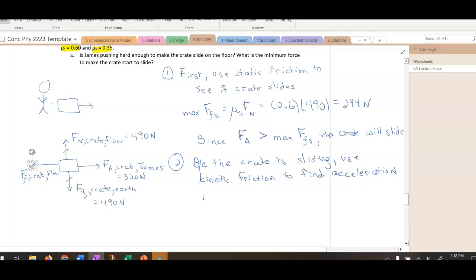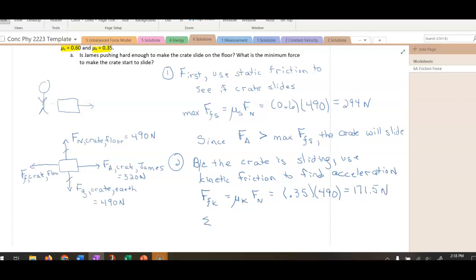The kinetic friction is the kinetic coefficient times the normal force, which is 0.35 times 490, 171.5 newtons.